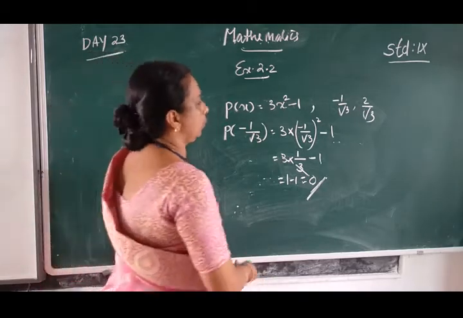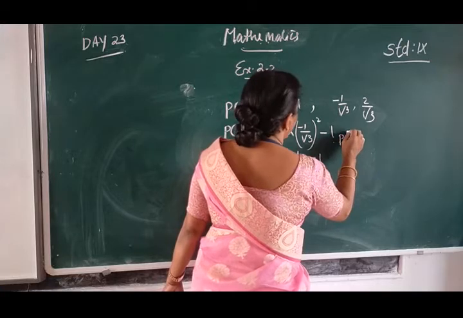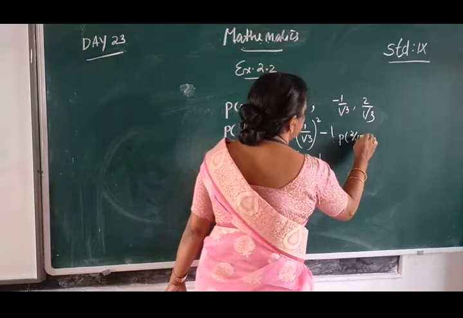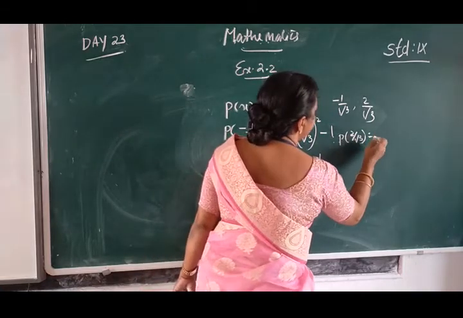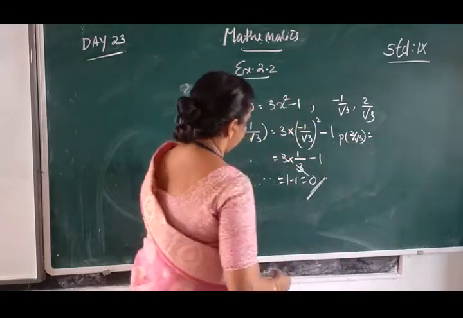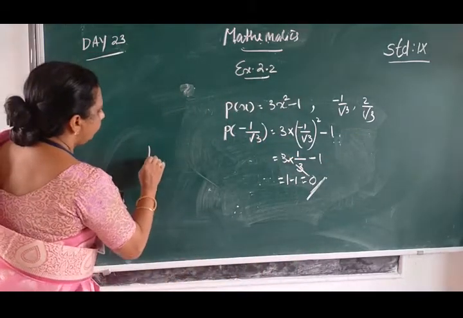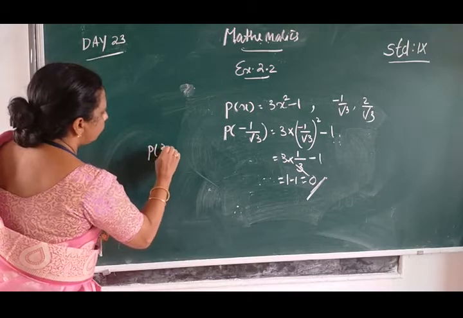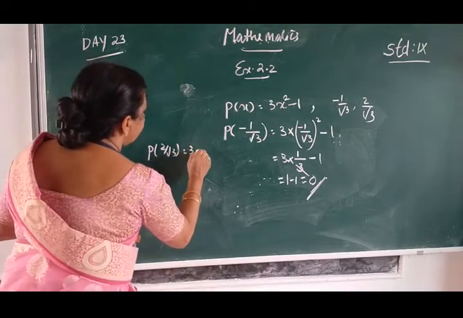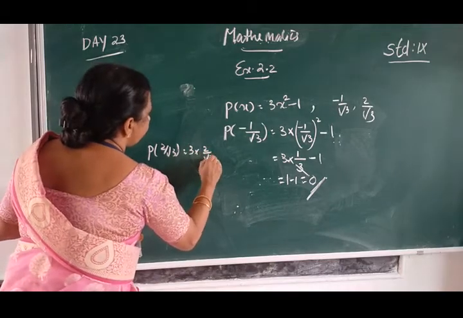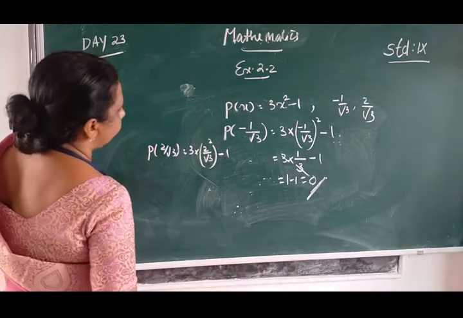We have to check the next one also. Then we will write the final answer. p of 2 by root 3 is equal to 3 into 2 by root 3 the whole square minus 1.